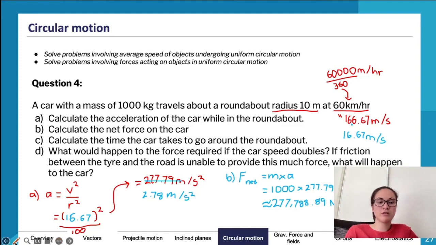I'll change the thing over here, and that answer's going to change down here as well. Yep, so it's going to be 2.71. I mean, 2.78.